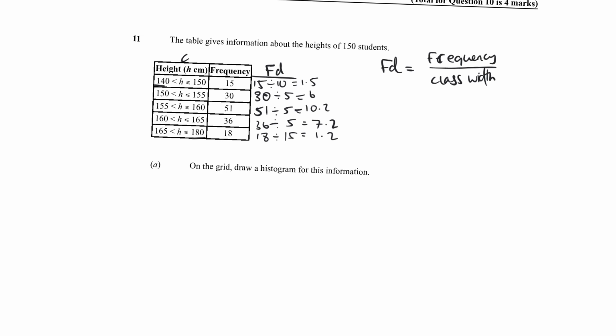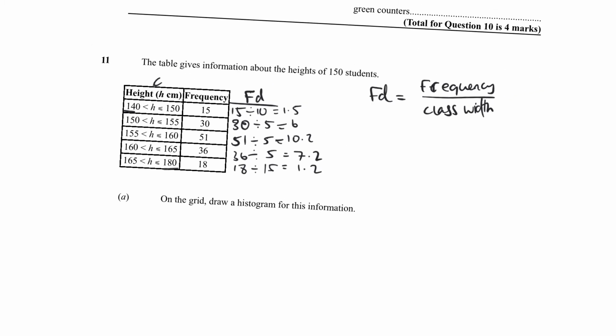Our class width is always the x-axis. Because this is from 140 to 180, we're going to call this 140, imagine there's a squiggle, we skipped everything else, then 150, 160, 170, 180.